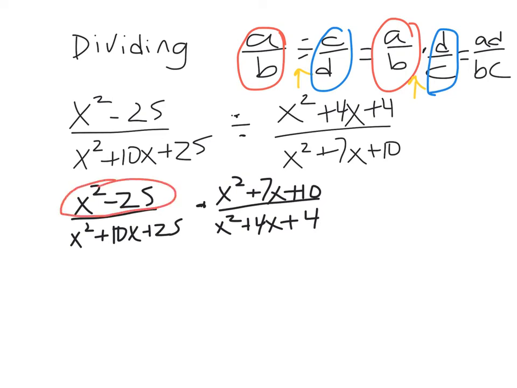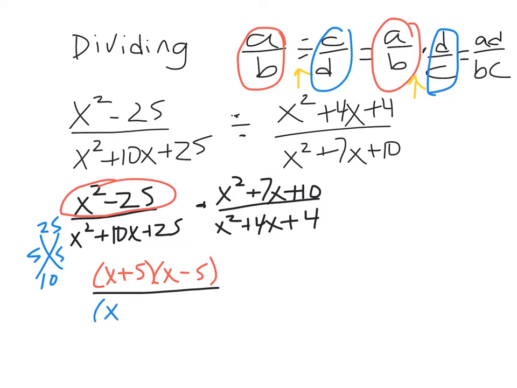So factoring the top, that's a difference of squares. Hopefully you're getting better at noticing those. So x plus 5, x minus 5 over. We have 3 terms, so we're going to use the x. What two numbers multiply to 25 and add to 10? It's 5 and 5.